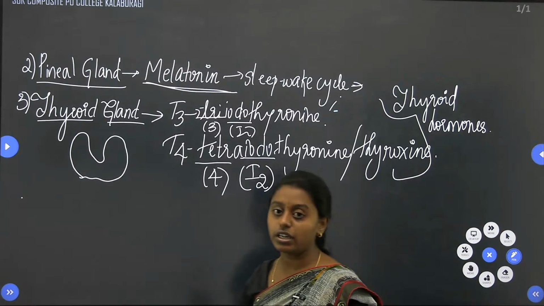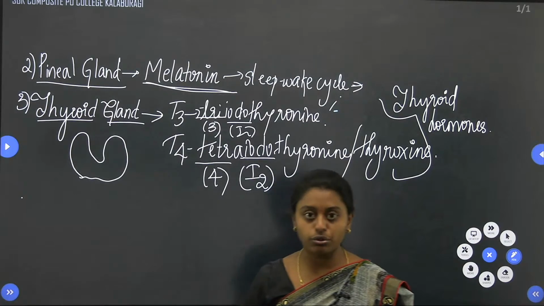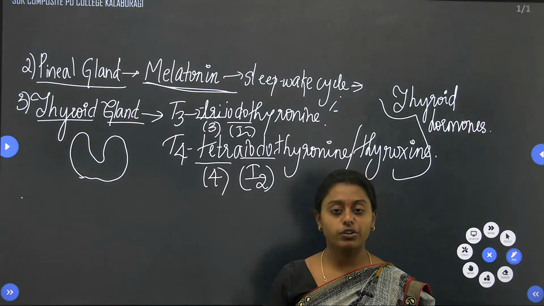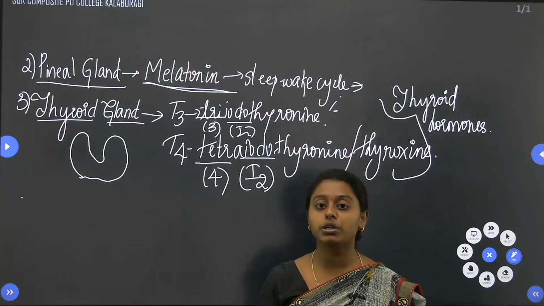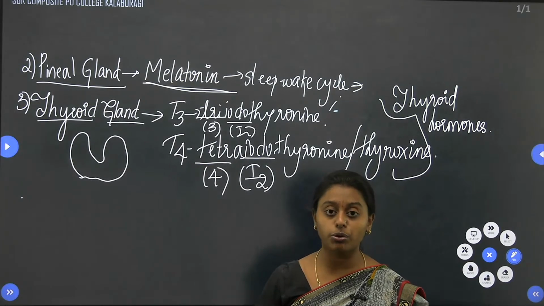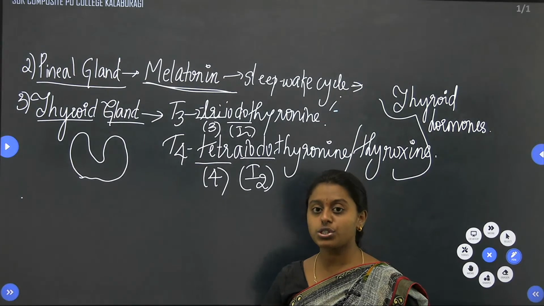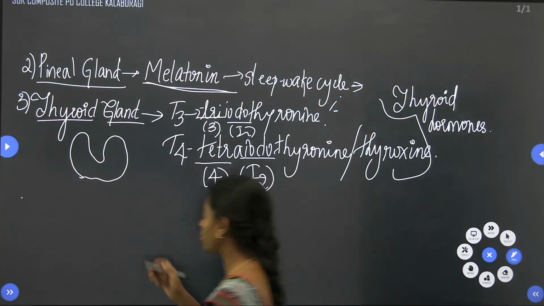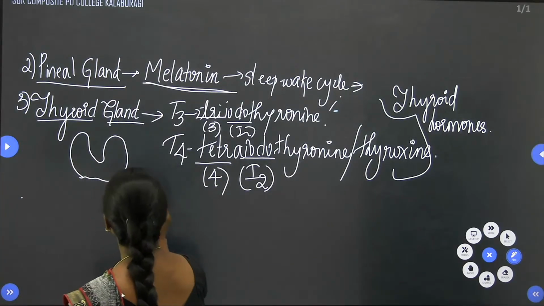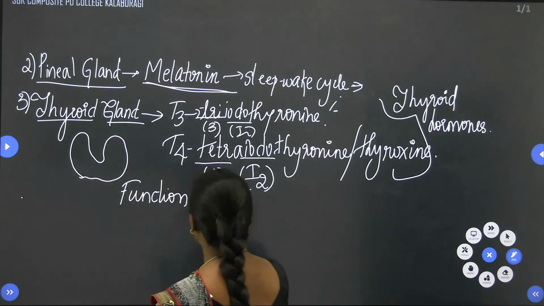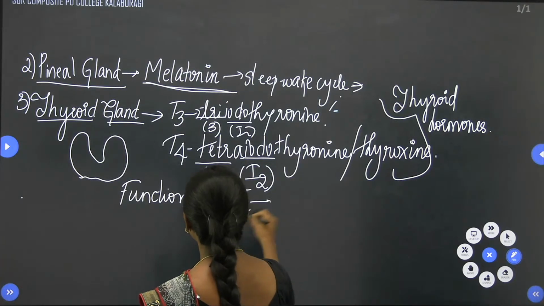So here we can observe that T3 as well as T4 require iodine molecules for their synthesis. So whenever we take in food, we should be quite aware that it is rich with iodine molecules. There are major functions that are performed by T3 and T4. So let us look into the function of T3 and T4 molecules.